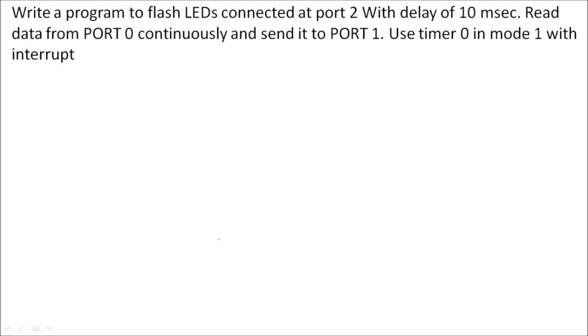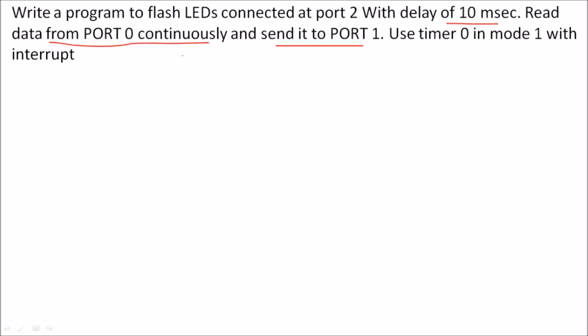So let us see how to write a program using this timer 0 interrupt. We'll write a program to flash LEDs which are connected to port 2, and will flash these LEDs with delay of 10 milliseconds. While doing this, the microcontroller has been given one other work, that is read data from port 0 continuously and send it to port 1.